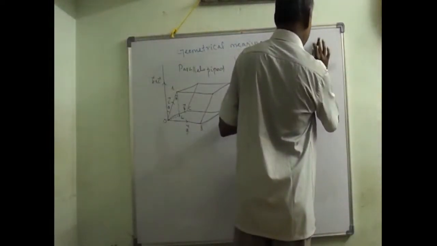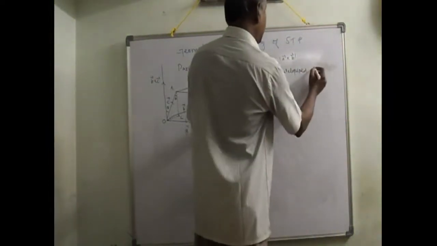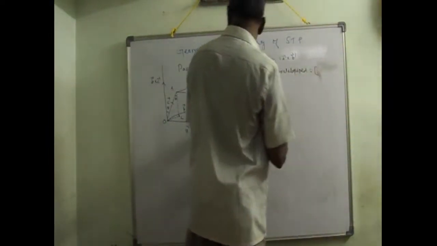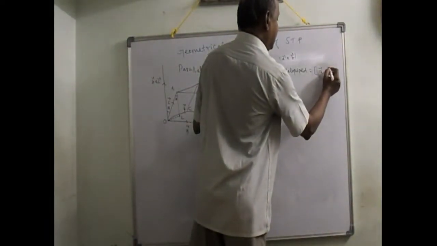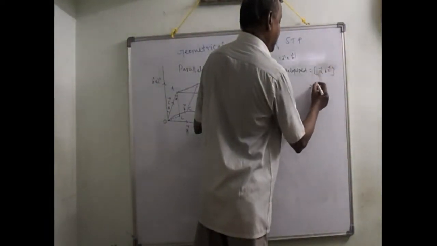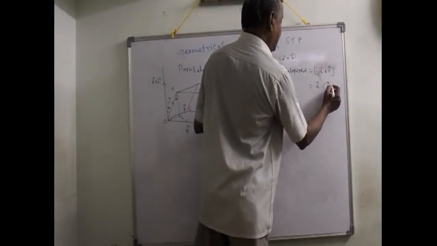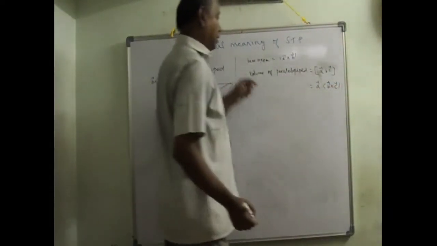That is equal to box ABC again. In another term, that is A vector dot of B vector cross C vector.